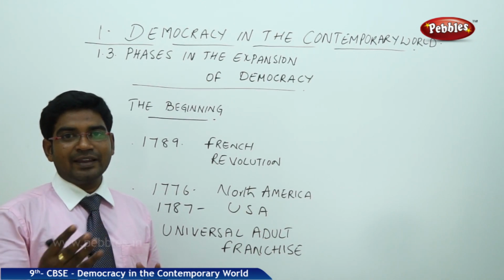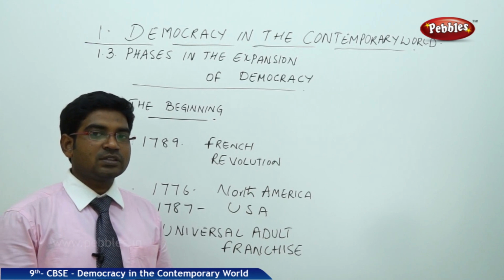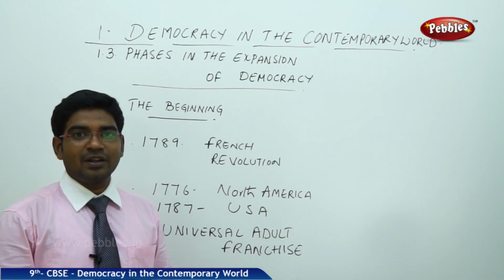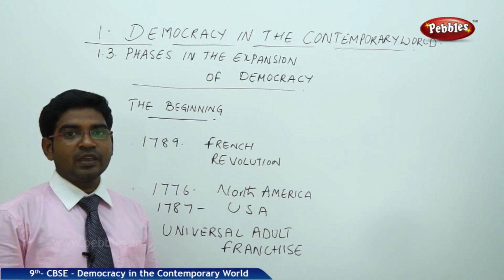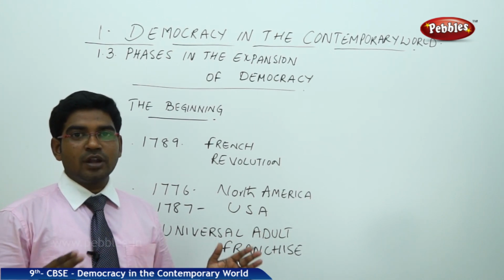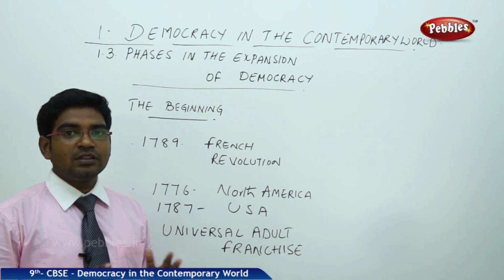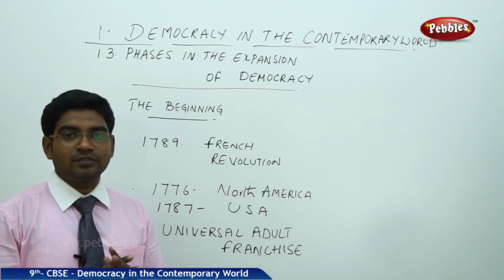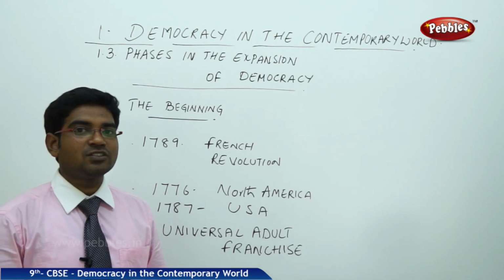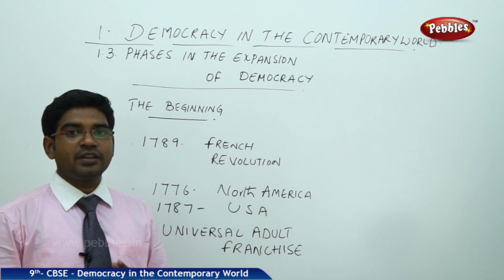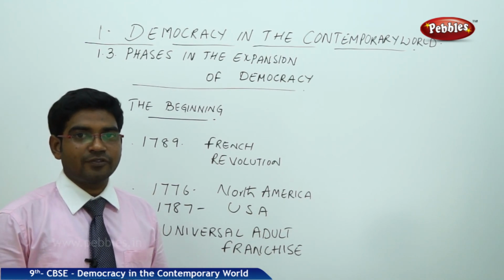In 1918 we have Germany, the Weimar Republic, giving this equality. But the US, which we claim today as the world's number one country or the big brother nation, could not give this equality till 1965. They had racialism of blacks and whites, and women were not given the right to vote. All these ended in 1965. The last country till date which has given universal adult suffrage was South Africa.